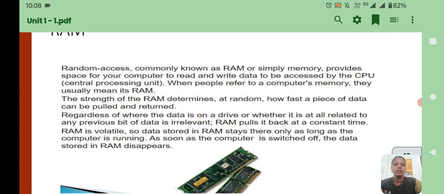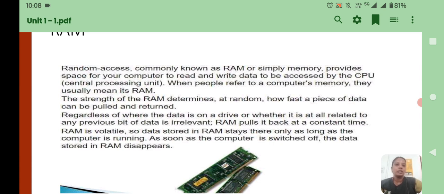Random access memory, commonly known as RAM or simply memory, provides space for our computer to read and write data to be accessed by the CPU. When people refer to computer memory, they usually mean RAM.